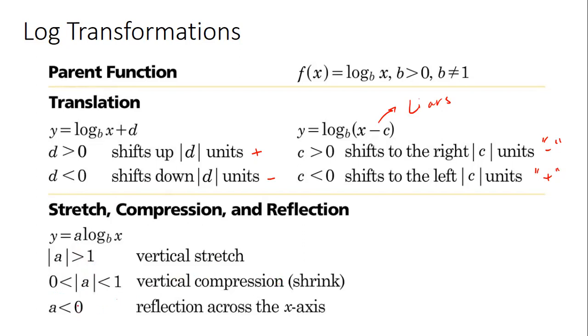And then if A is less than 0, meaning if A is negative, that tells me that I am being reflected, right? Are these the same properties that apply to exponentials? Are these the same properties that apply to our quadratics? Yes, these properties are going to be the same all the way through.